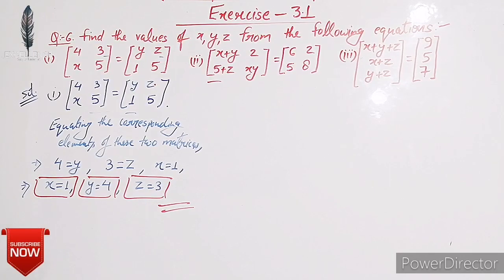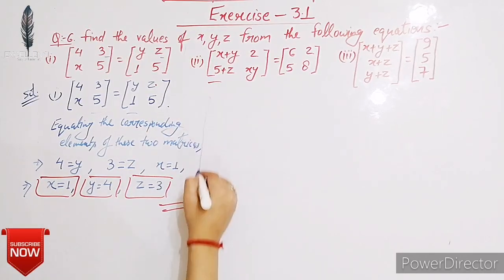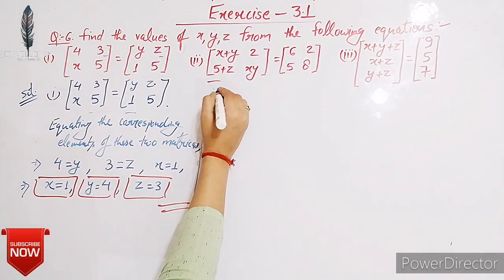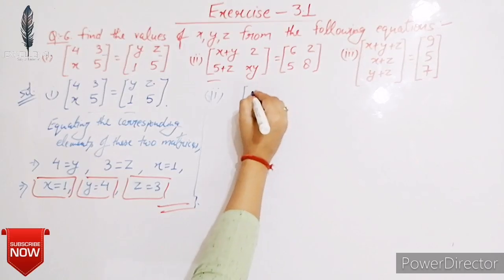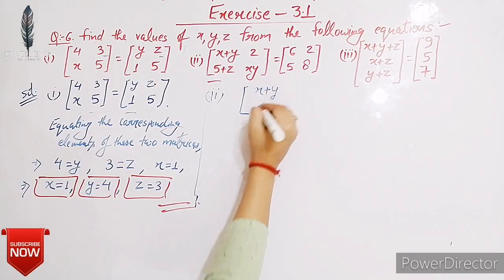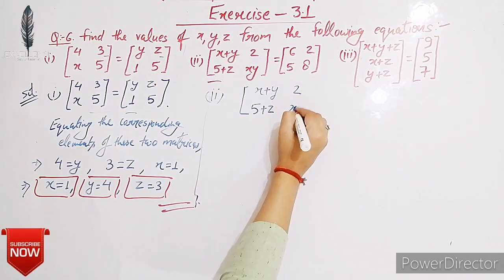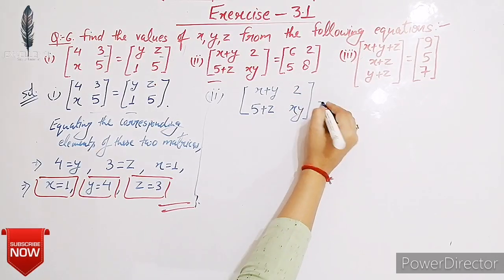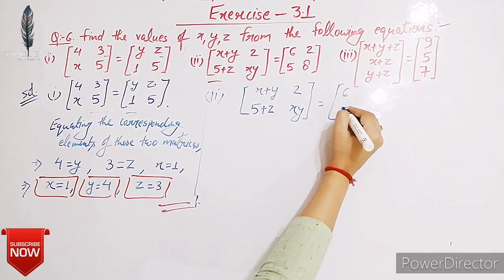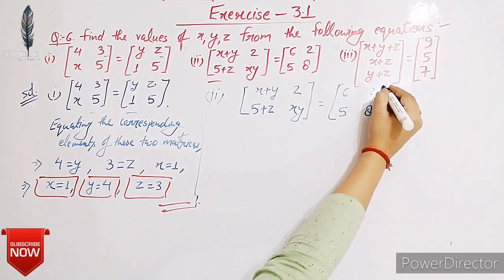Let's see the second part of this question. Same here, we have two matrices given: x plus y, 5 plus z, 2, xy, and next is 6, 5, 2, 8.